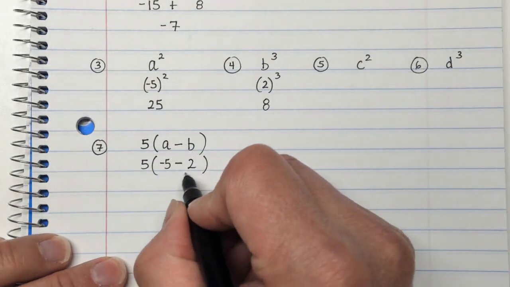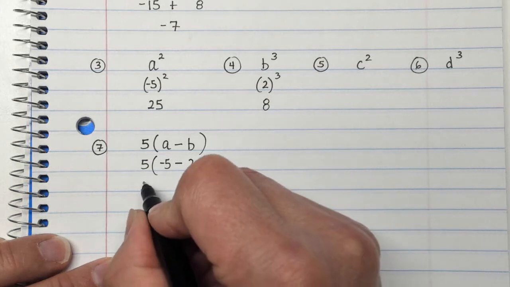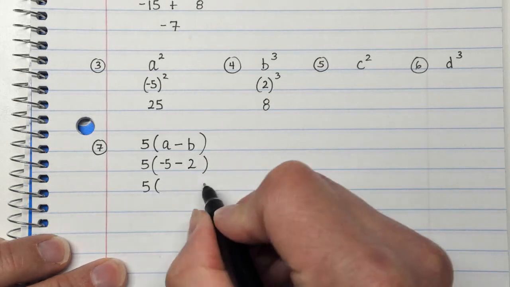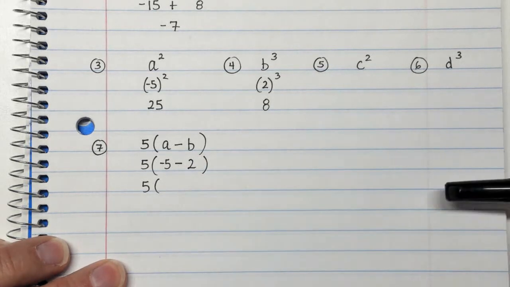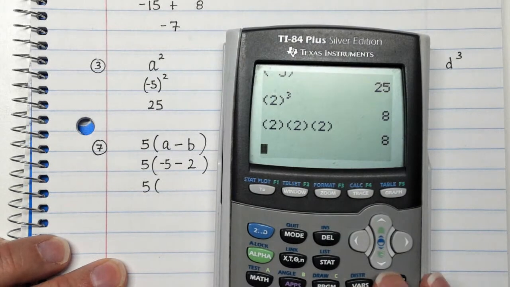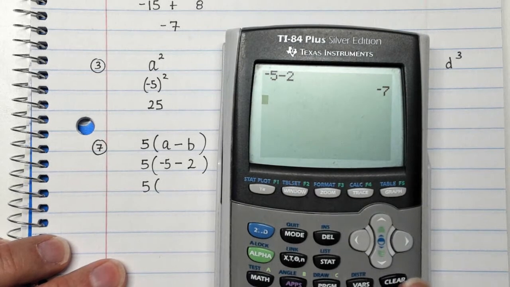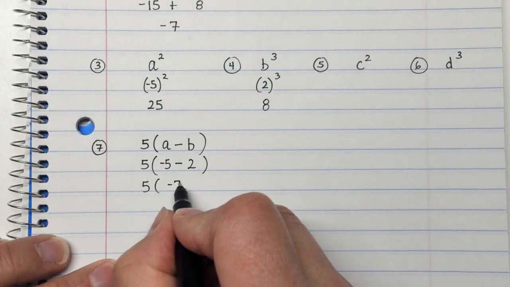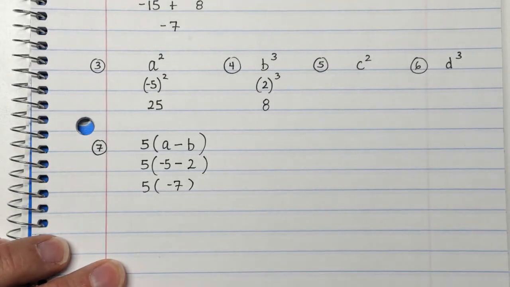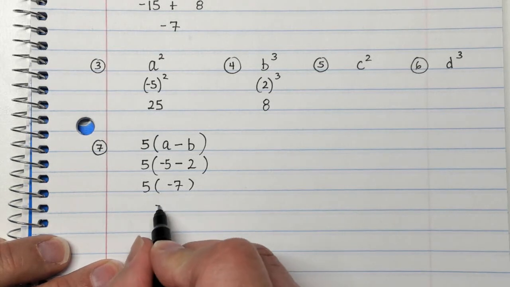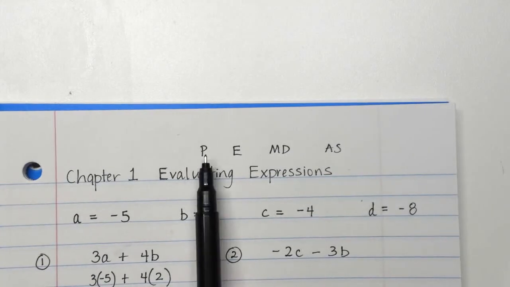PEMDAS says do what's inside of the parentheses first. So, negative 5 minus 2. If you're not sure, use the calculator. Negative 7. And then multiply last. So we did parentheses, then multiply.